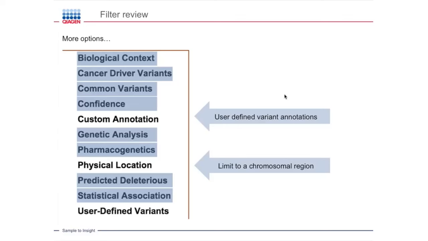If you already have a chromosomal region linked to your data and would like to look only in that region, you can type in that region in the physical location filter and then focus on that region only. You can also create lists of variants using specific filter criteria and then save this variant list and use it in other analyses for filtering variants and so on.